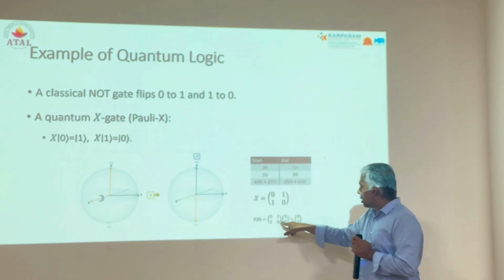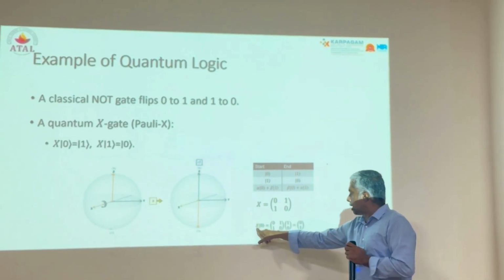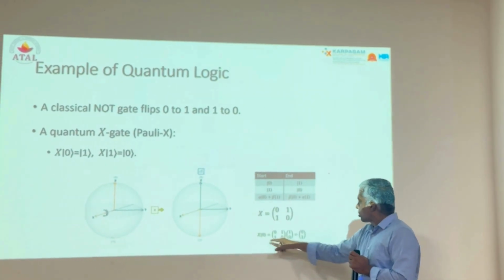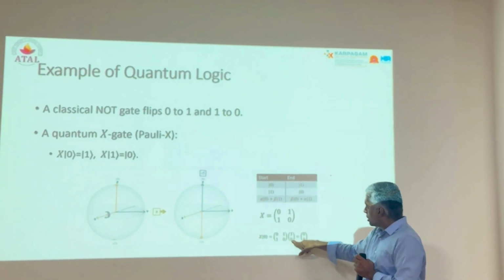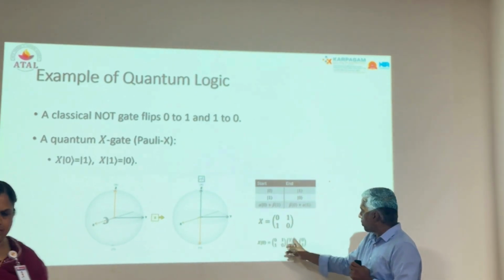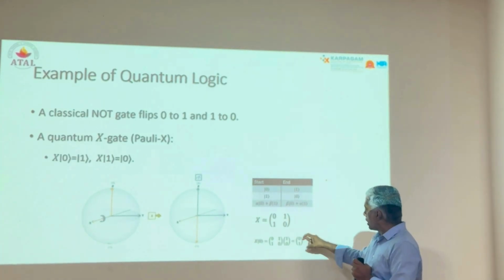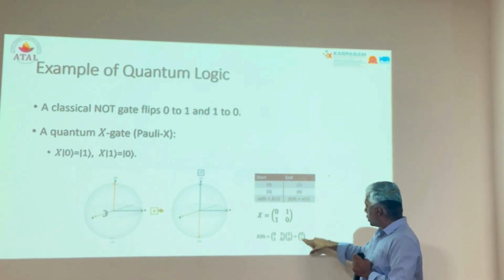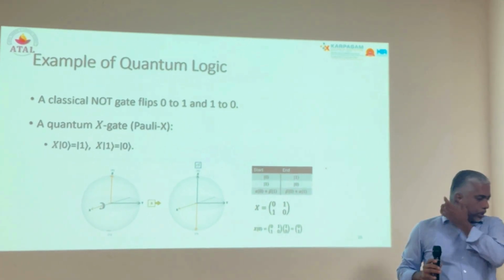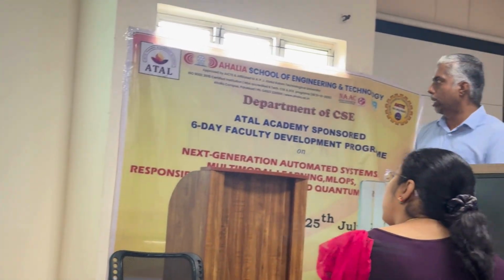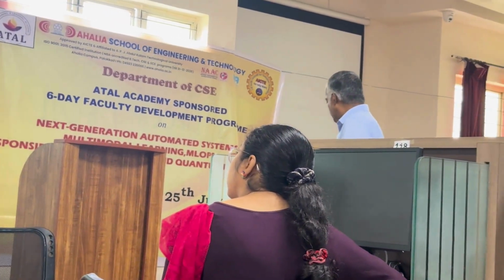When you apply X to 1, which is represented as 0, 1, and multiply, you will get 1, 0. There is a difference between the classical gate and the Pauli X gate, the quantum gate.